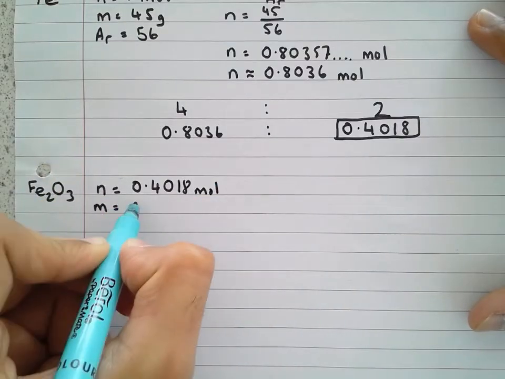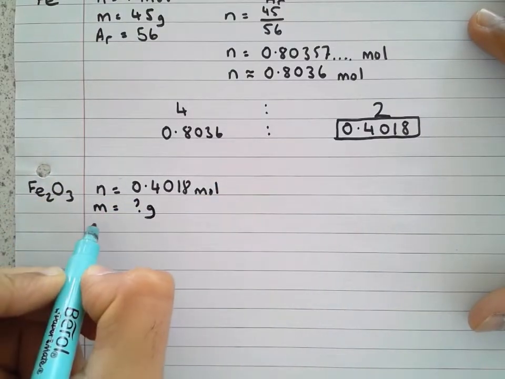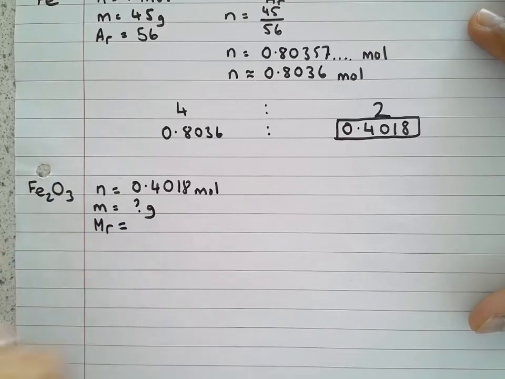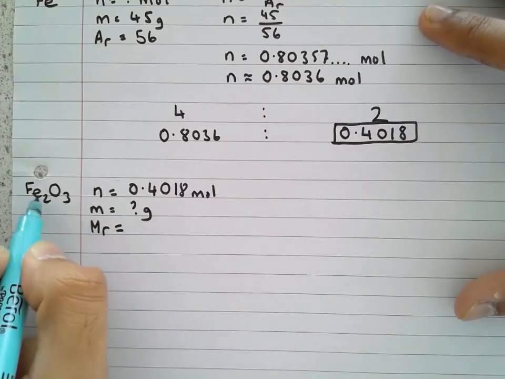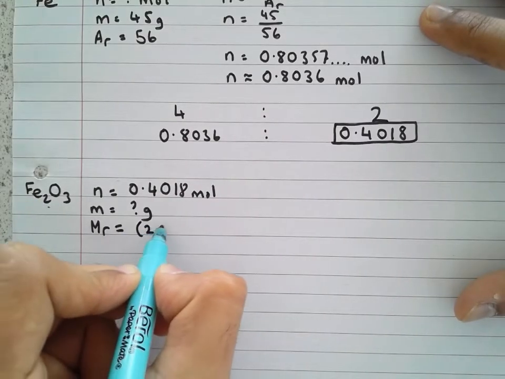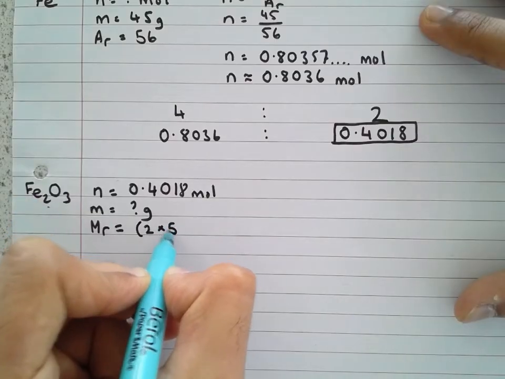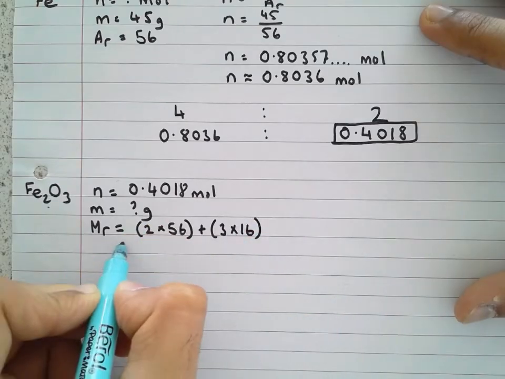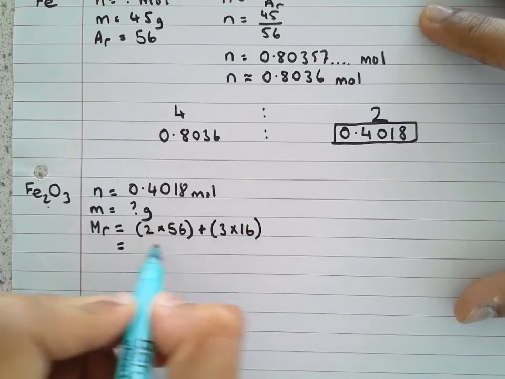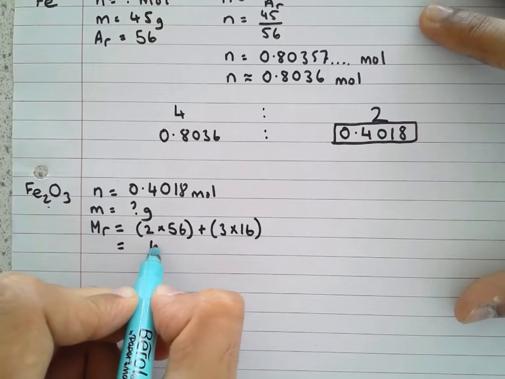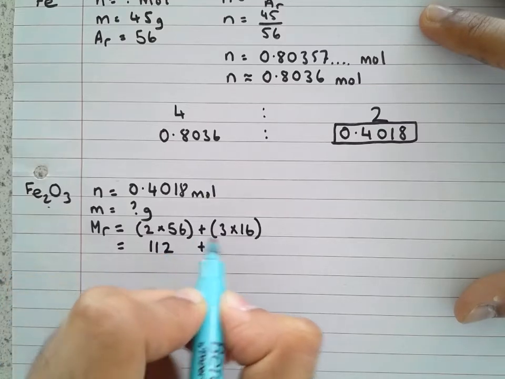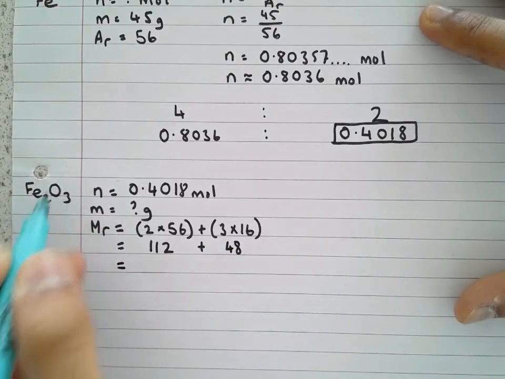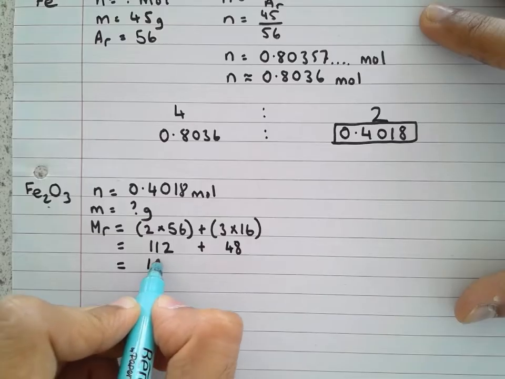I know my mass is what I'm trying to figure out, and I know that the relative formula mass of iron oxide is going to be, I've got two atoms of iron, whose relative atomic mass is 56, and I've got 3 atoms of oxygen, whose relative atomic mass is 16. So 2 times 56 gives me 112, and 3 times 16 gives me 48. So together, the relative formula mass of iron oxide is 160.